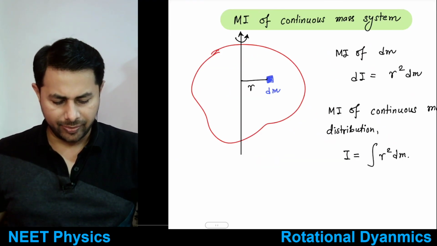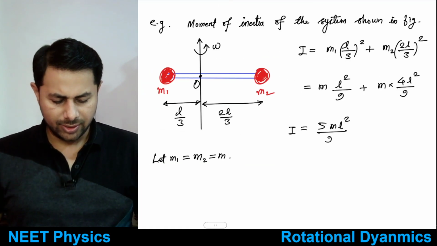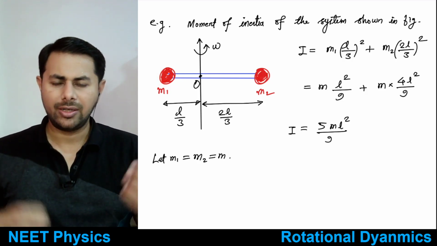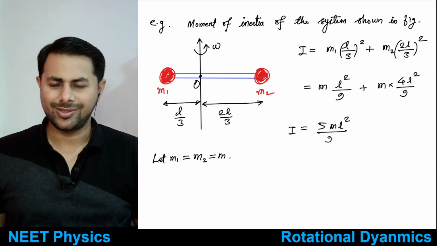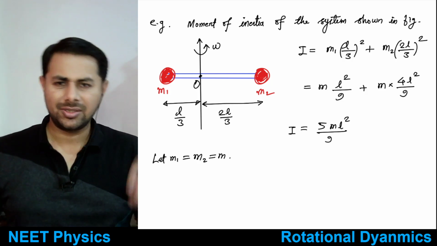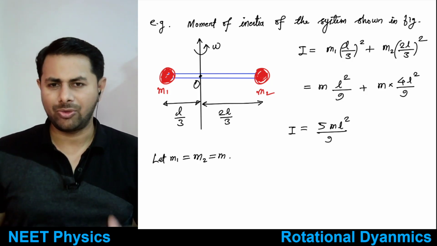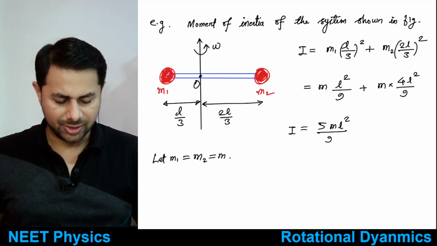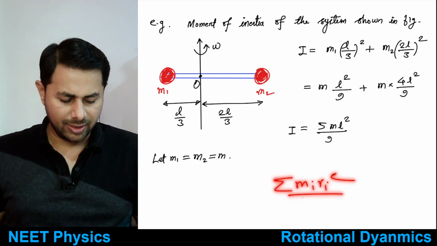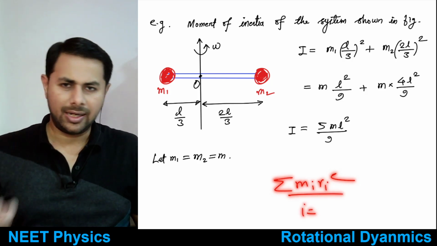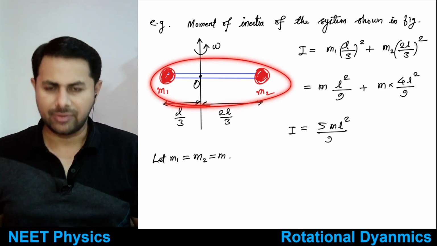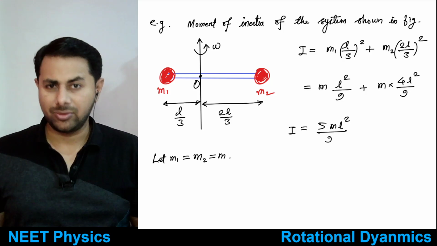Okay, good. Now this is the moment of inertia of a system having discrete masses, discrete particles. If you have a countable number of particles, then you can use this formula, summation of m_i r_i square. If you can count, i is equal to 10, i is equal to 100, right? In this case, i just goes from 1 to 2 only.